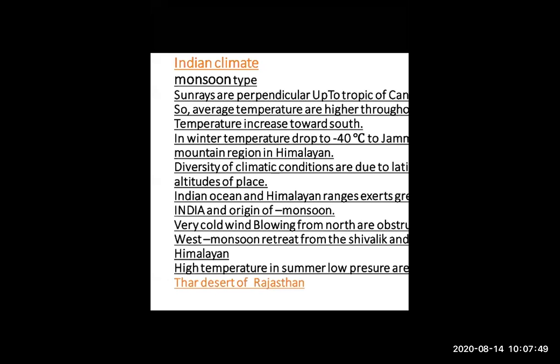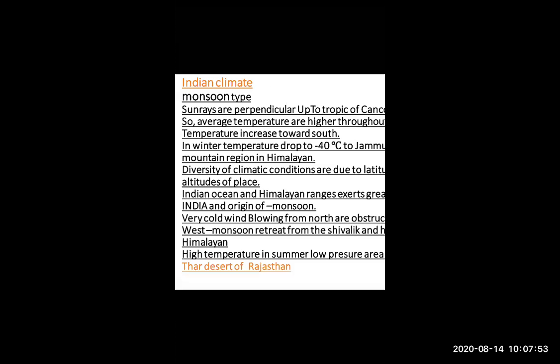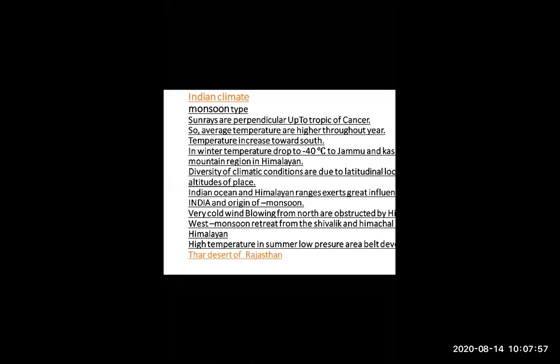So this is all about summer, okay? If you are talking about winter, in winter the temperature drops to minus 40 degrees Celsius in the Jammu Kashmir mountain region in the Himalaya. Now, what exactly happens?